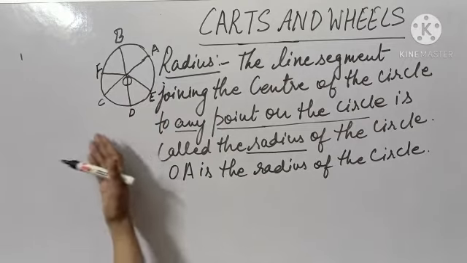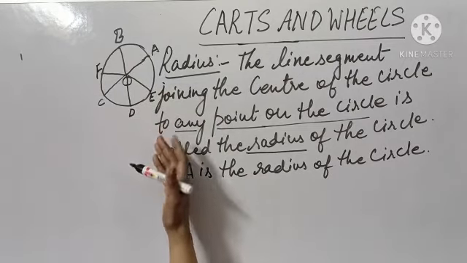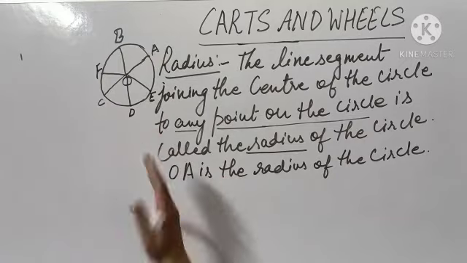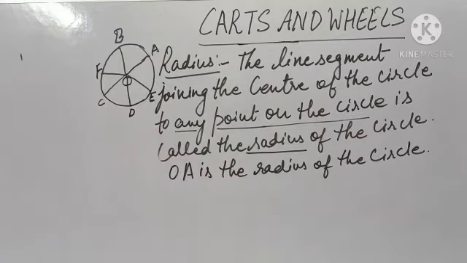So in this way I got so many radius, but so many radius I will not call radius, I will call radii. What is radii? Radii is the plural of radius.